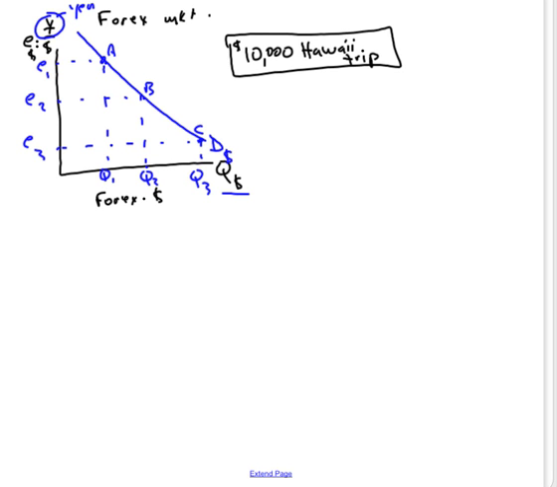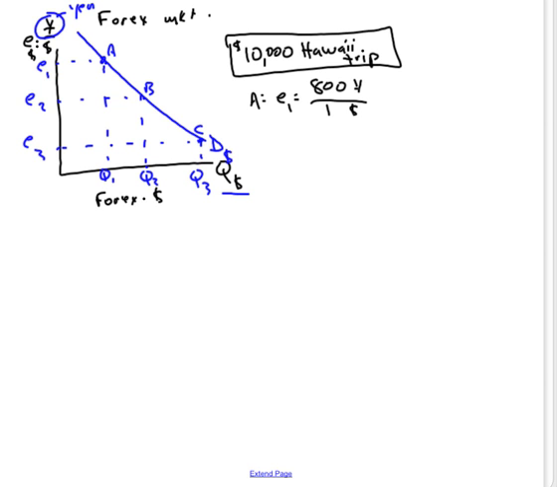Let's say that at point A, the exchange value of the dollar is 800 yen, that it takes 800 yen to buy $1.